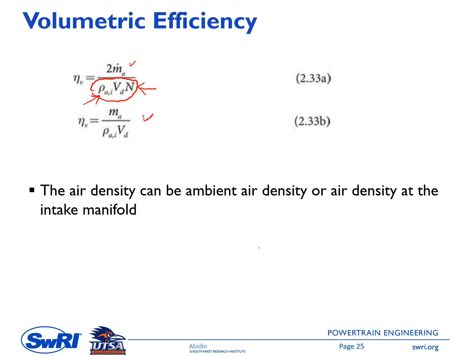Depending on the location of the air density, this volumetric efficiency represents the effectiveness of the entire intake system if the air density is the ambient air density, or it represents the effectiveness of, let's say, the intake runner and intake valve if this air density is taken at the intake manifold. Downstream of the intake manifold, we have the intake runner, intake port, and the intake valve system.